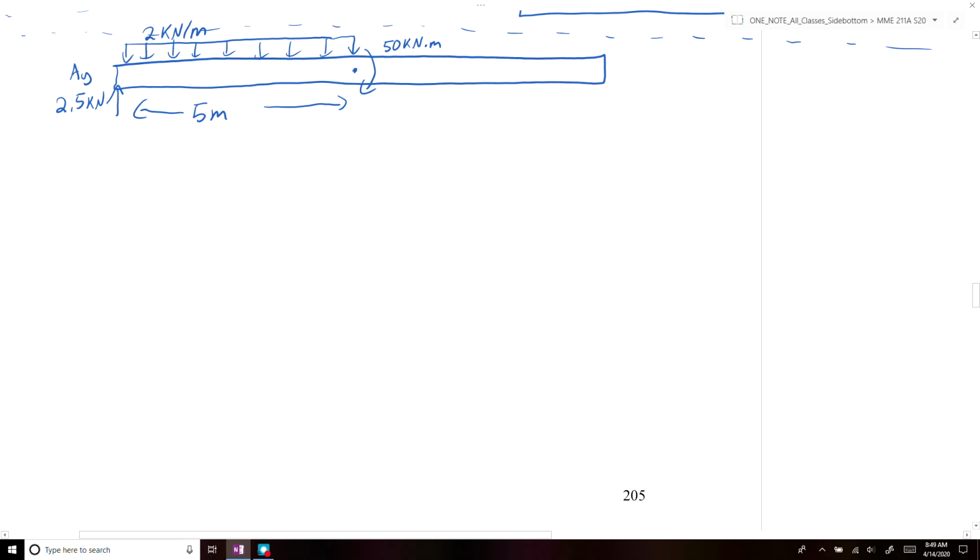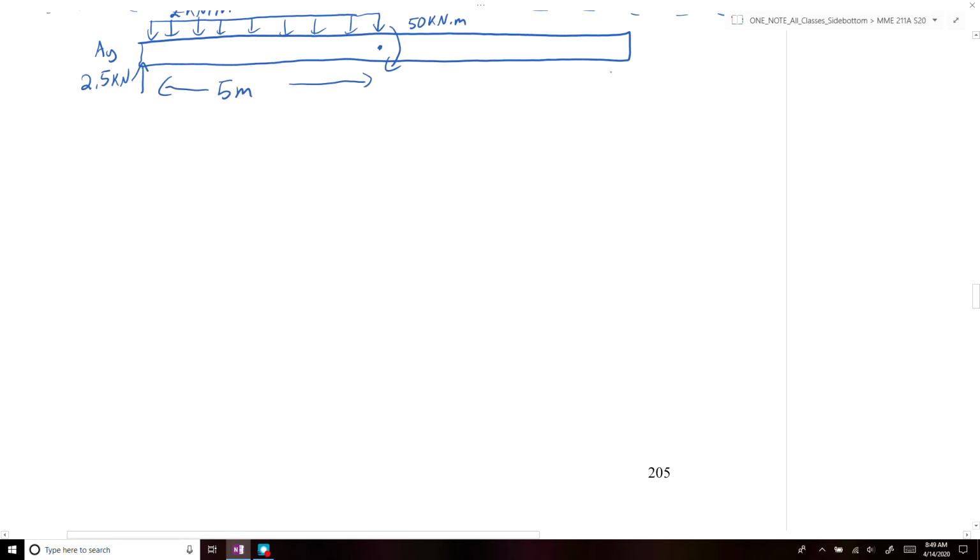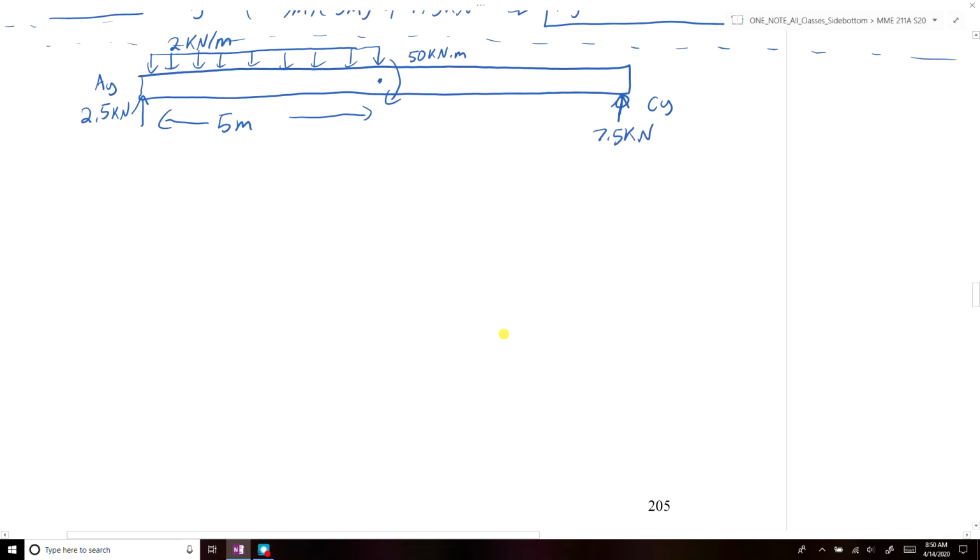And then at point C we have a force of 7.5 kilonewtons. So this is our free body diagram, just drawn again with all the dimensions and all of our forces written as known forces.